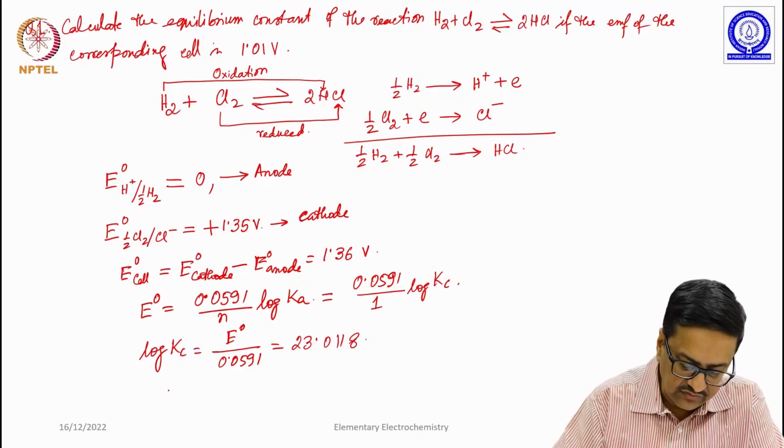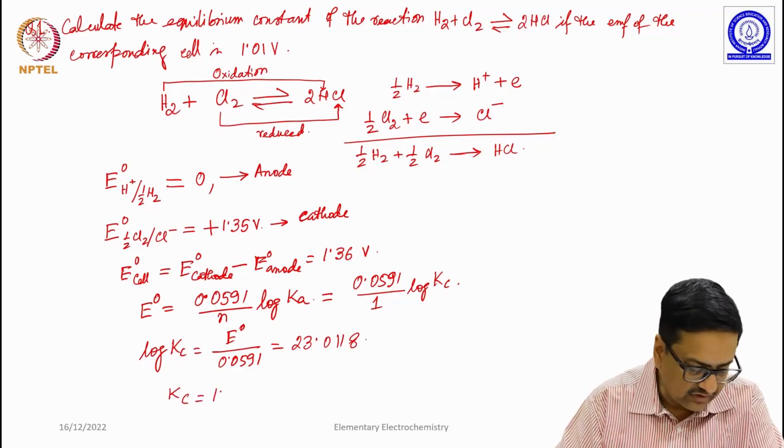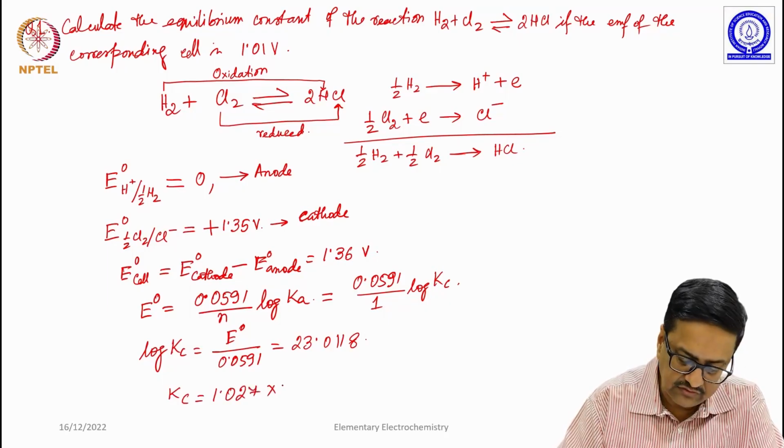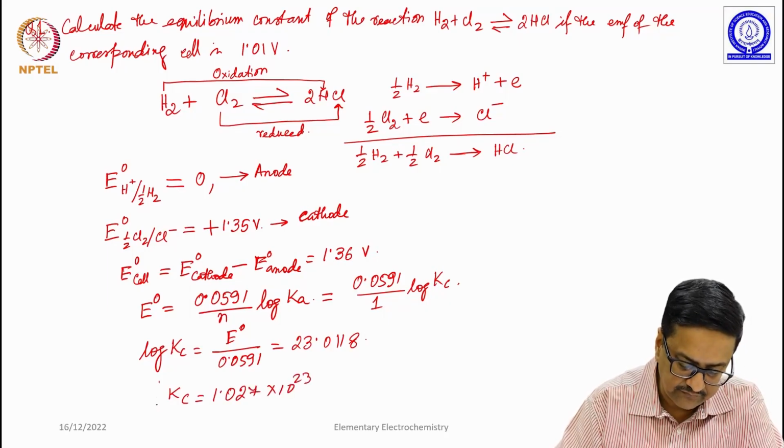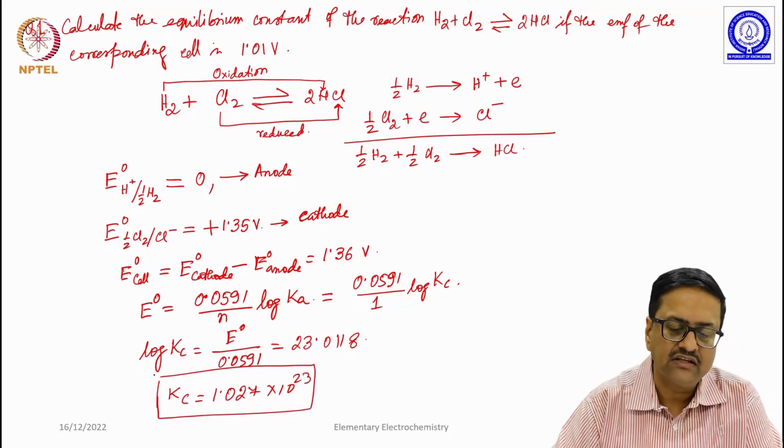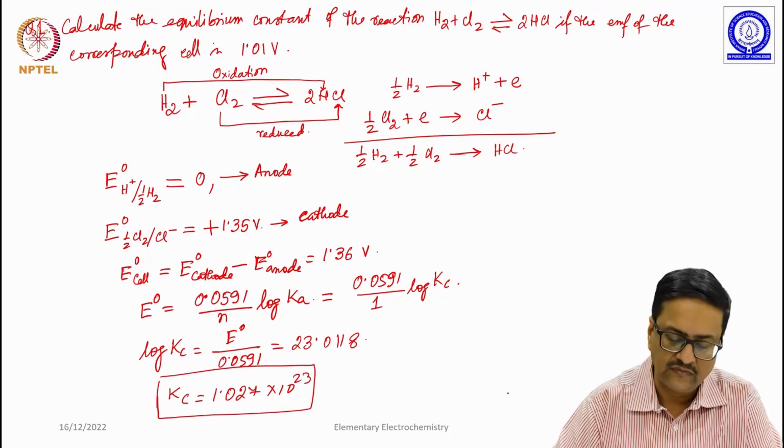One can easily calculate Kc as 1.027 into 10 to the power 23. That is the equilibrium constant for that particular reaction.